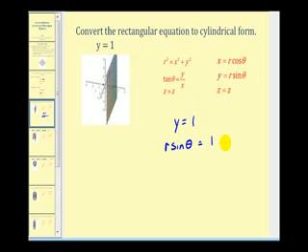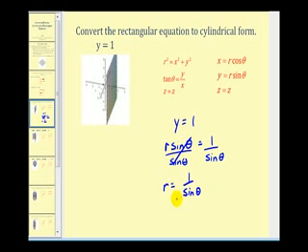Now typically when we have a cylindrical equation we want to solve it for r. So let's go ahead and divide both sides by sine theta. So r is equal to 1 over sine theta, but we can rewrite this to eliminate the fraction as r equals cosecant theta. Remember, sine and cosecant are reciprocals of one another.